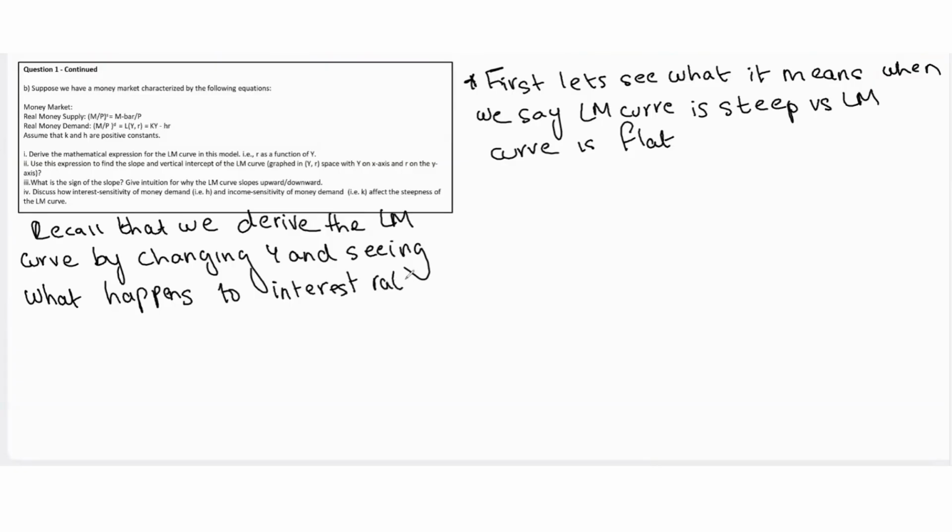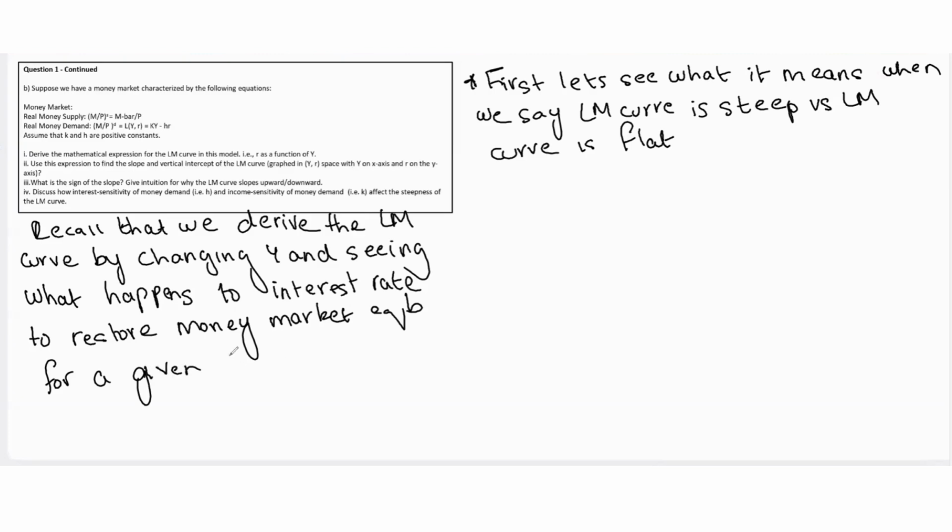Because when Y changes, money demand changes, right? And if money supply is not changing, then the interest rate has to change, to restore money market equilibrium for a given level of money supply. So this is how we derive it, right? So this is something that we should recall.